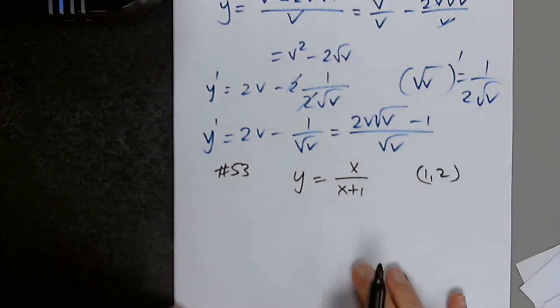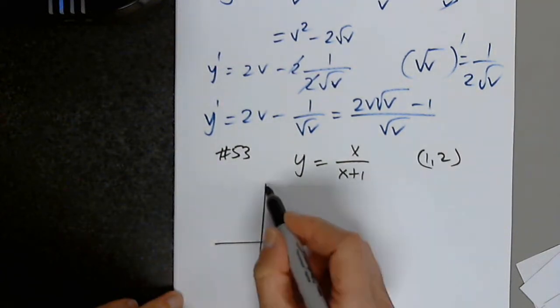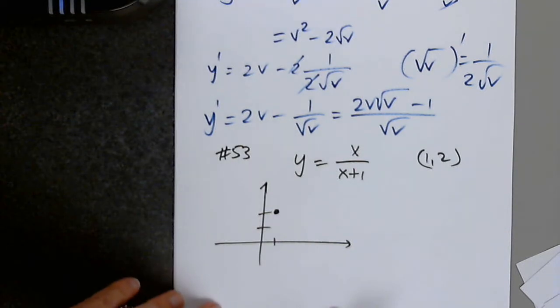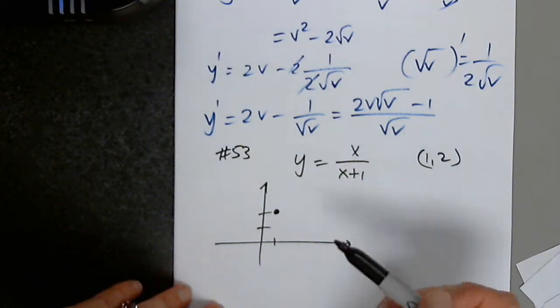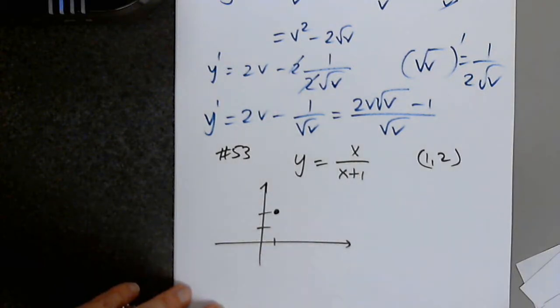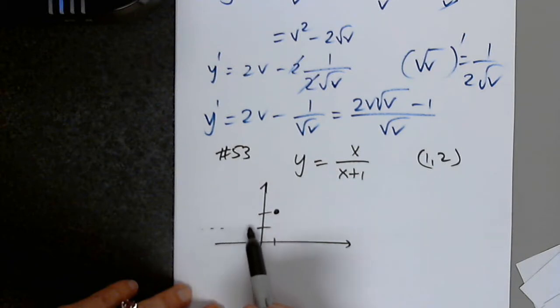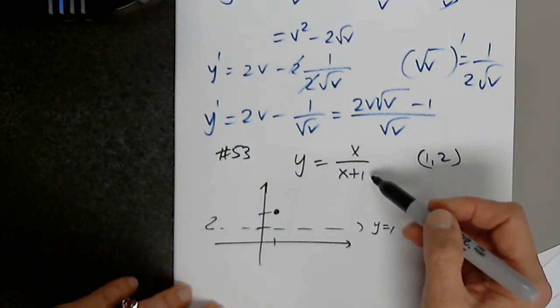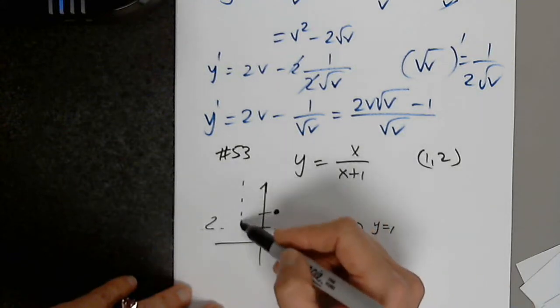So here's the scenario. 1, 2 is this point. And let's say I know that this function has a horizontal asymptote. If you remember from pre-calculus, you can also graph it. It has a horizontal asymptote at 1. It has a vertical asymptote at x equals -1.